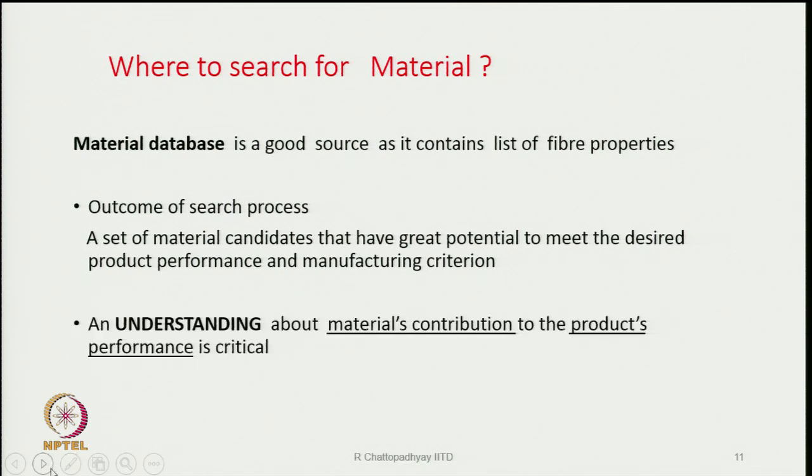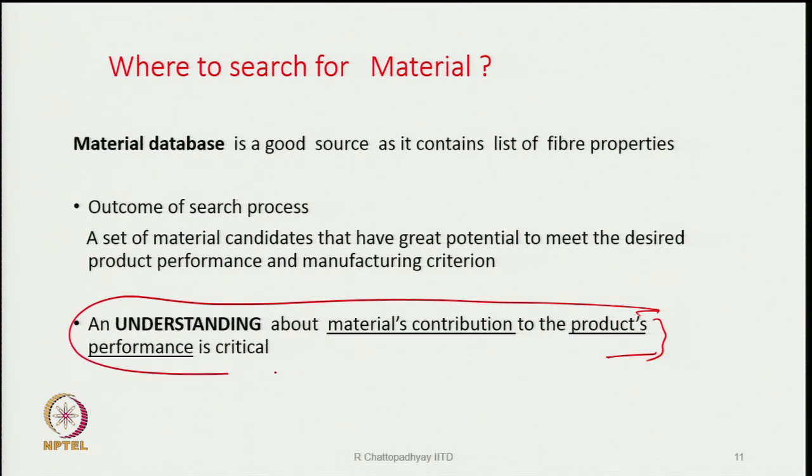And therefore, an understanding about the material's contribution to product performance is very critical. This means if we try to design something, we must have a good understanding between the property of the material and the performance of the product.